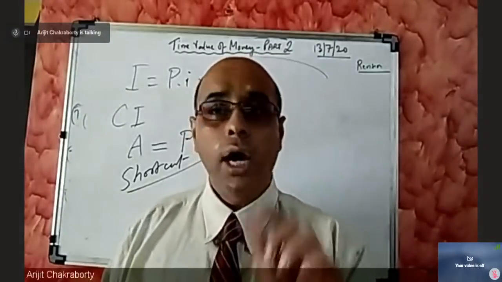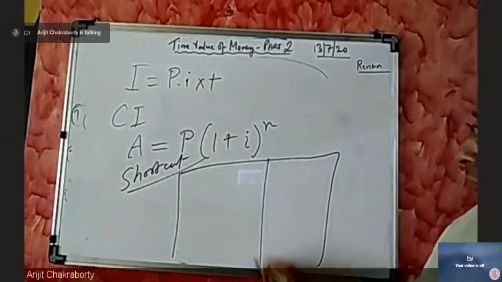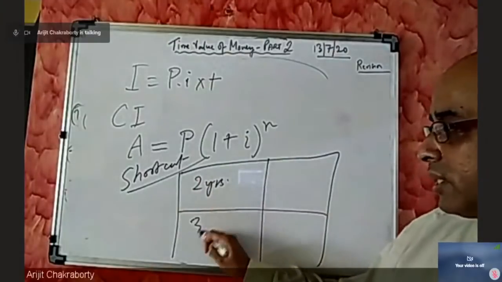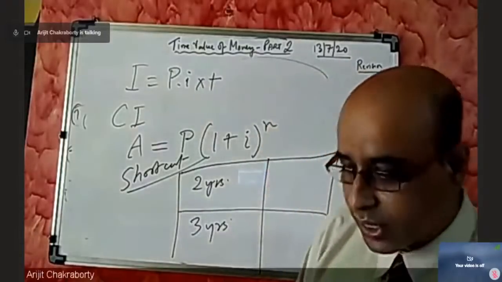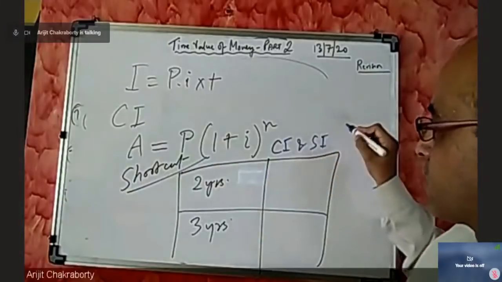There's a formula, a shortcut. So I'm writing the formula here. There are two formulas. One is for 2 years and the other is for 3 years. Here I am writing the difference of compound interest and simple interest.